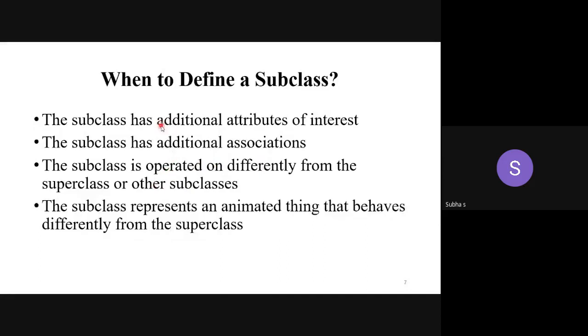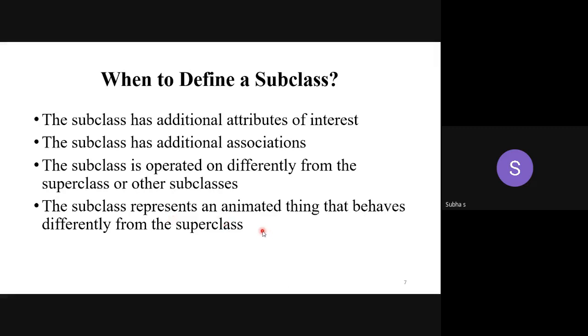Yes, a subclass can have additional attributes, additional association, and additional operations. That is the third thing, additional functions. Though it is accessing the superclass functions, it may have its own methods or operations also. The last point: the subclass represents an animated thing that behaves differently from the superclass.